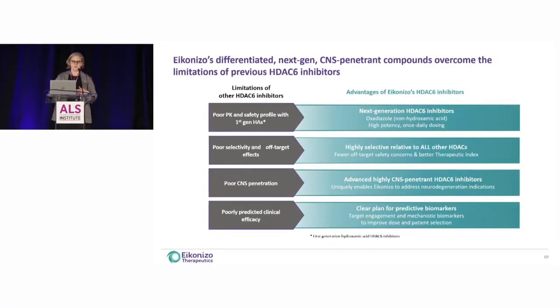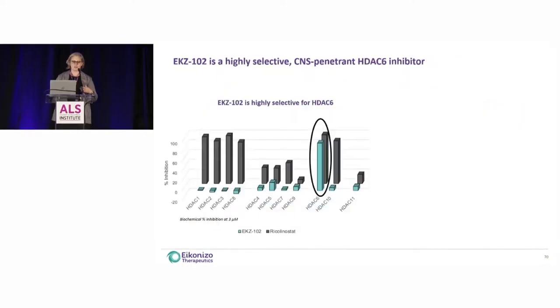And to exemplify the superior selectivity of our compounds, what you can see over here is that our lead development candidate, EKZ-102, is highly selective for HDAC6 relative to all other HDACs, whereas ricolinostat is not very selective. It was only 7-fold selective and failed in development, whereas 102 is more than 1,000-fold selective for HDAC6.